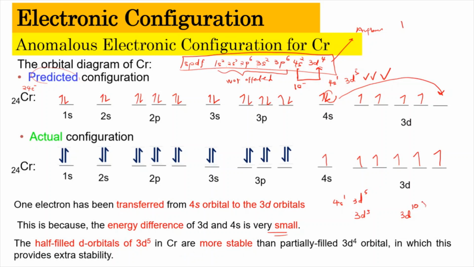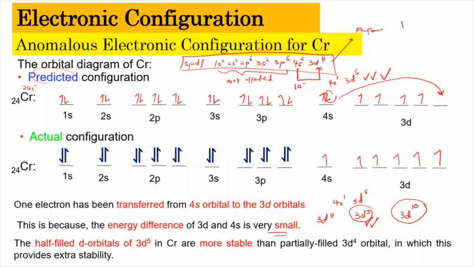So this is the most stable one, the full-filled orbital, which is completely filled, but 3d5 also provides extra stability in comparison to the 3d4 here. 1, 2, 3, 4. So for that reason, the 3d5 will be more favorable for the chromium electronic configuration.